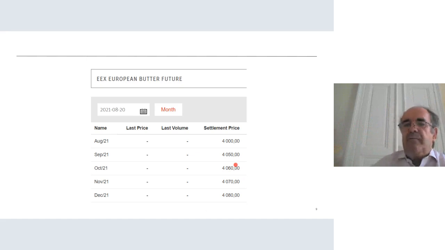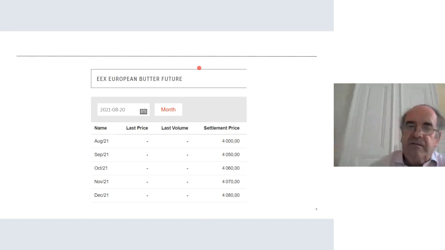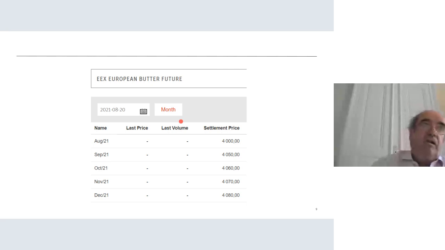Do you remember butter? On the European butter futures market, we have a butter market, which is located in London. In London, you can buy butter on a futures market, so that futures price 4,000, 4,050, 60, 70, 80.